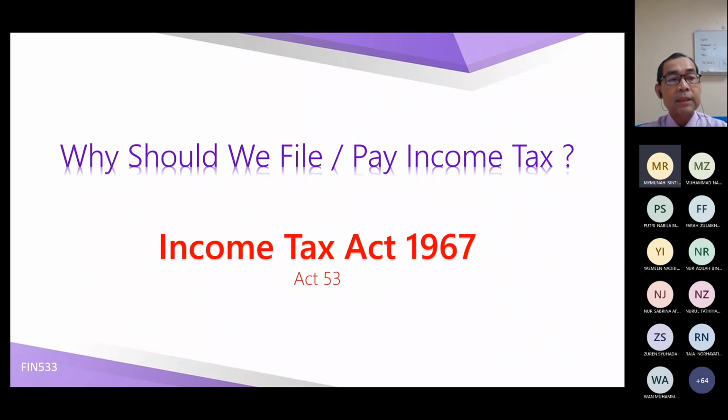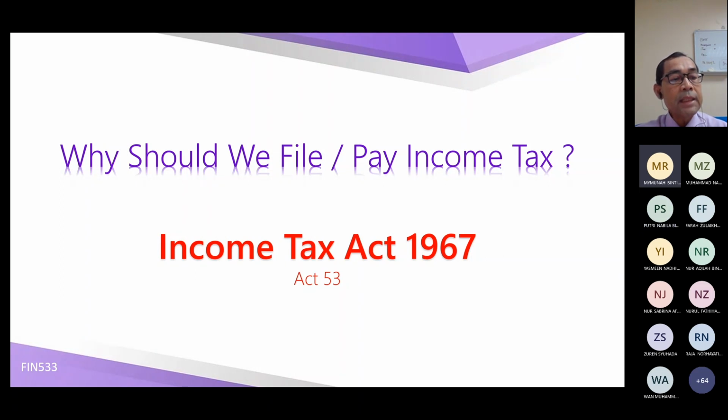Akta dah kata gaji 3,184 as at today kali 12 tu tolak EPF, gaji awak net is 34,000 lebih. So you need to file. Tapi dia buat je, dia tak file. 3-4 tahun tak file.